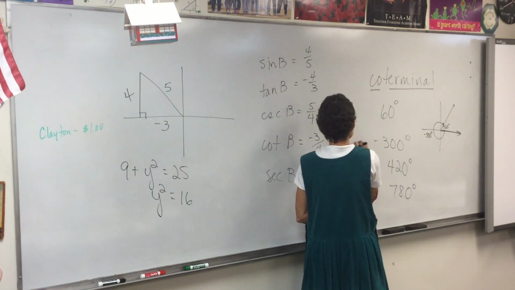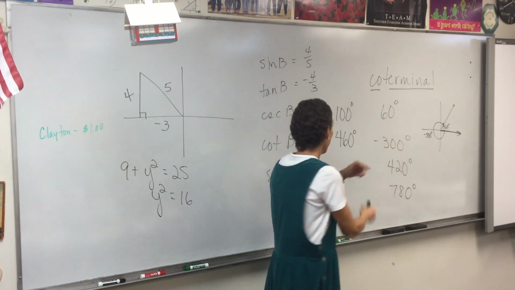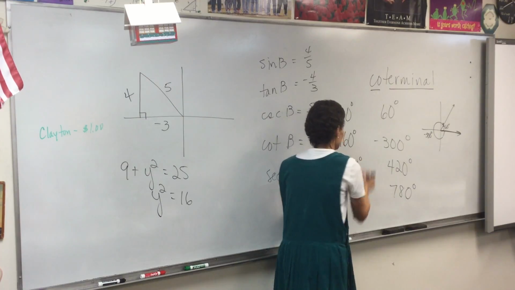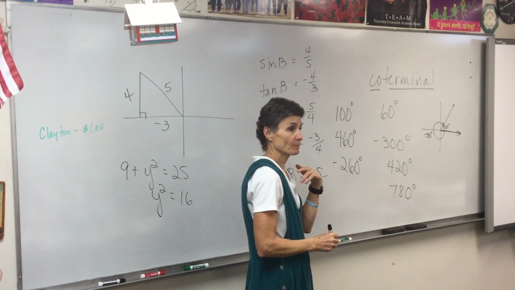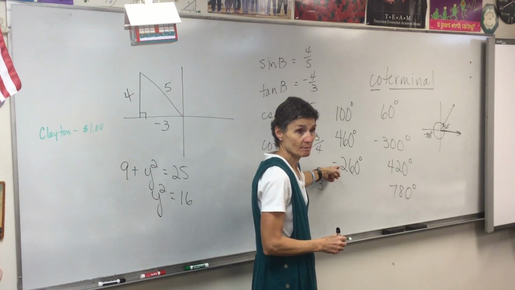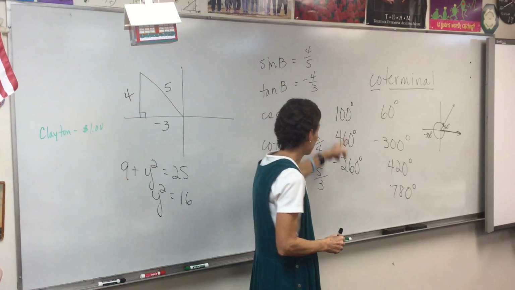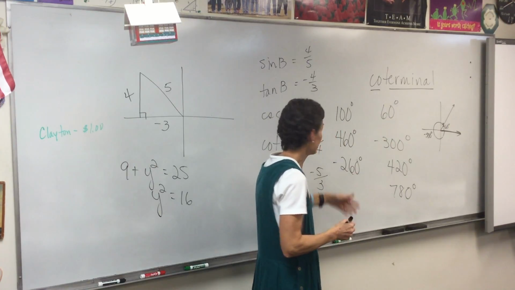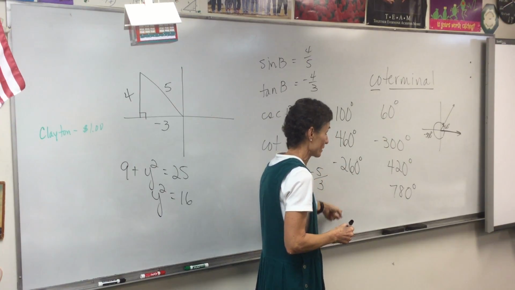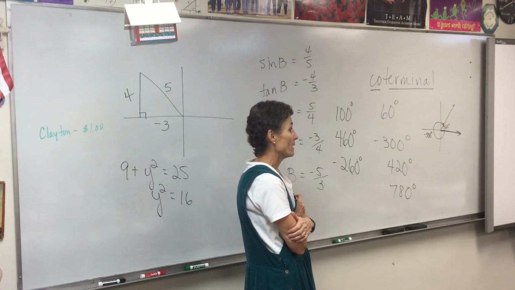You find coterminal angles by adding or subtracting revolutions. So these would be the first two, right? Add 360, subtract 360 from 100. And then if you needed more for some reason, you could add 360 and subtract 360 and keep going as many times as you needed to do.